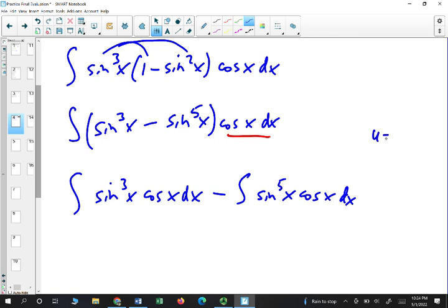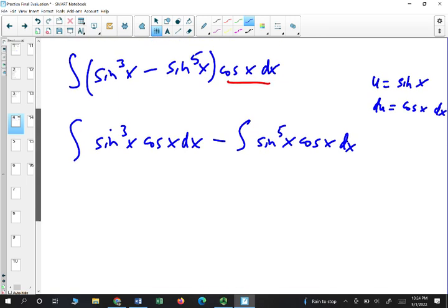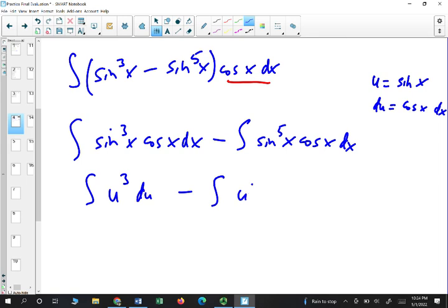We could treat both of them as if the u is the sine, and then du would be the cosine. So it's like we're doing a u cubed du and a u to the 5th du.